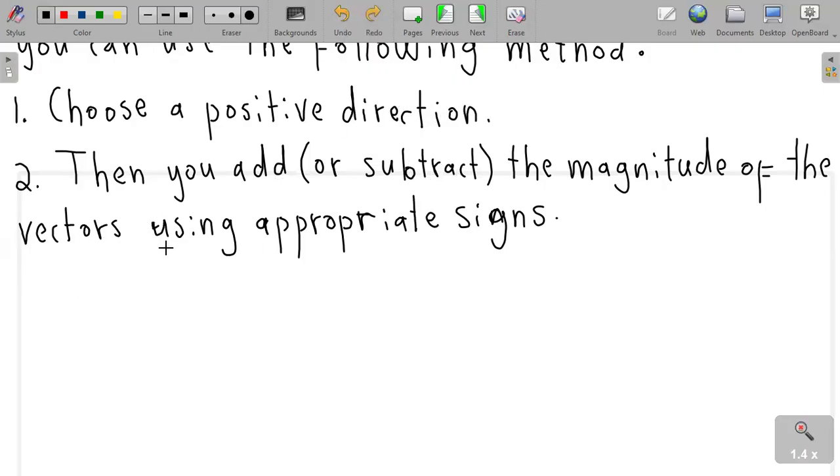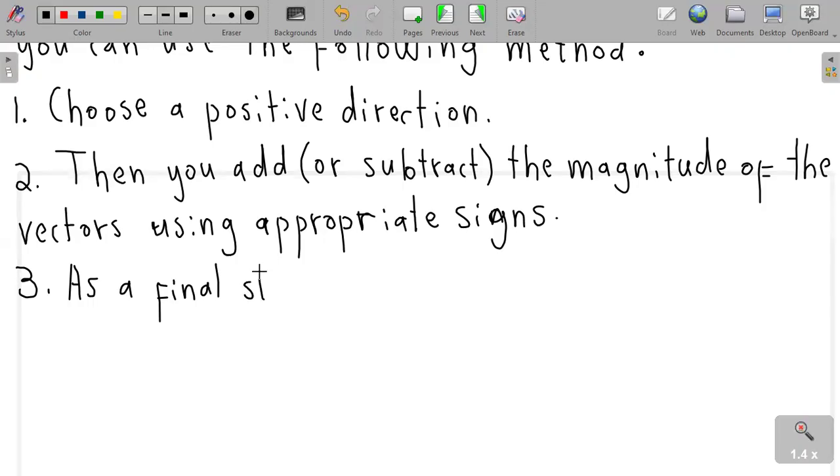Okay, and then the next thing that you do, step number 3. Step number 3 is the final step.